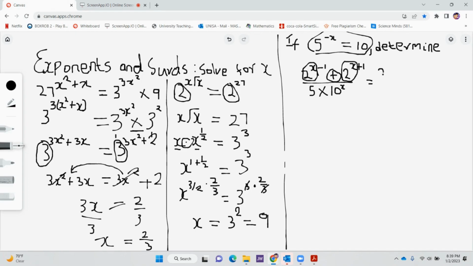So we're going to take 2 to the power of x out as a common factor. Then we will be left with 2 to the power of minus 1 plus 2 to the power of positive 1.